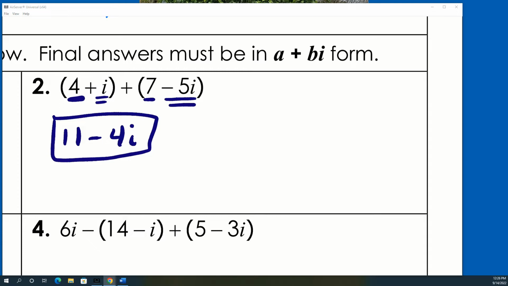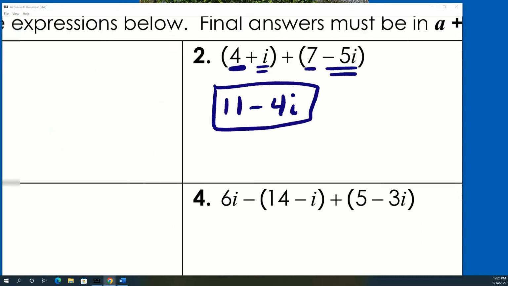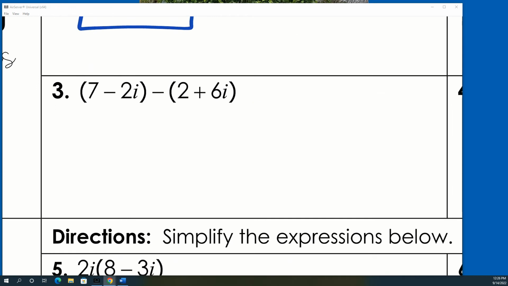Now, a minus sign, there's a little extra you have to worry about. So number 3 is subtraction, and I would suggest that you distribute the negative. That's what I would do. You're less likely to make a mistake if you distribute the negative.